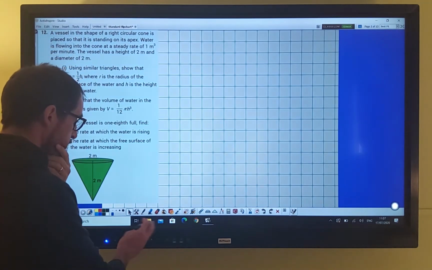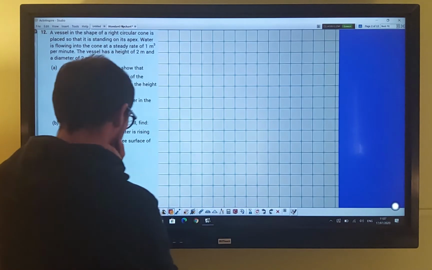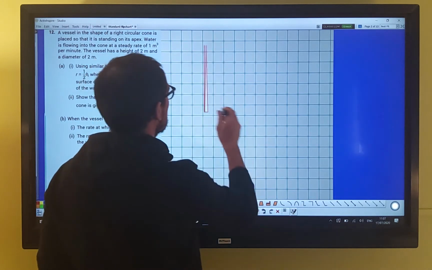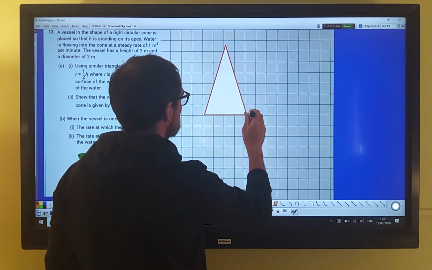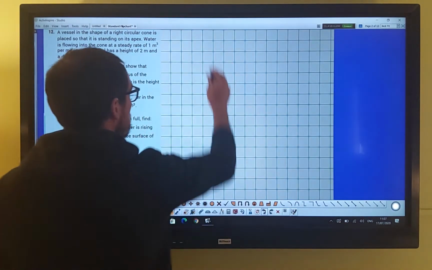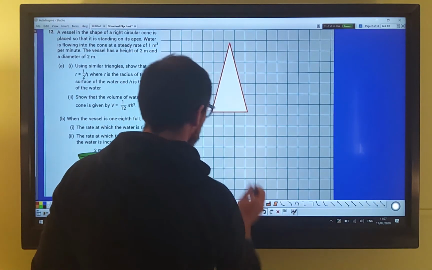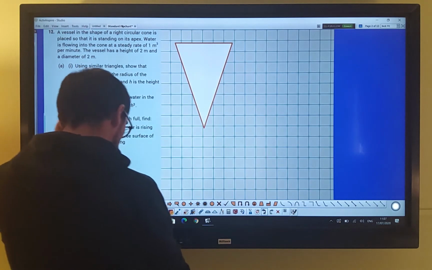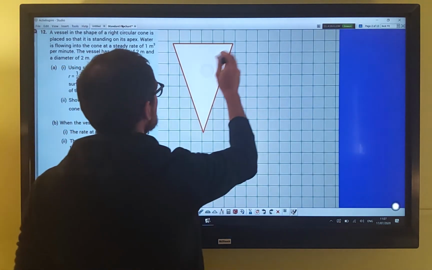So what that means is, say for example, I was to draw a triangle like this, and we'll do a 90-degree triangle. Actually, we'll do it this way here. Now, if you imagine that's my cone.